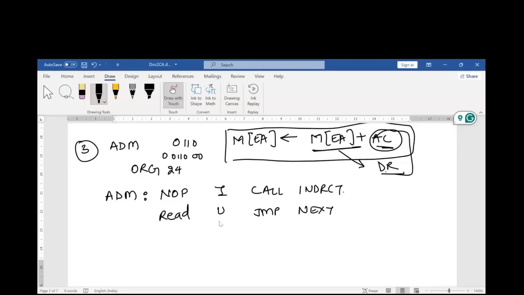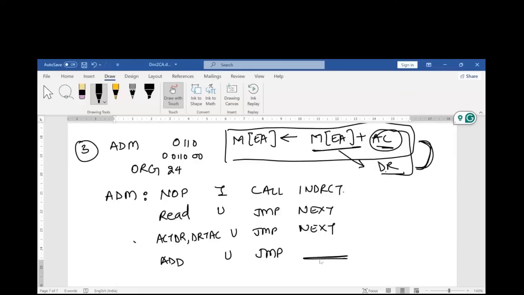To preserve the content of AC, we'll swap AC and DR. So ACTDR, comma, DRTAC. You jump next. Now I can carry out the addition operation. So what I'll do is add, and jump.